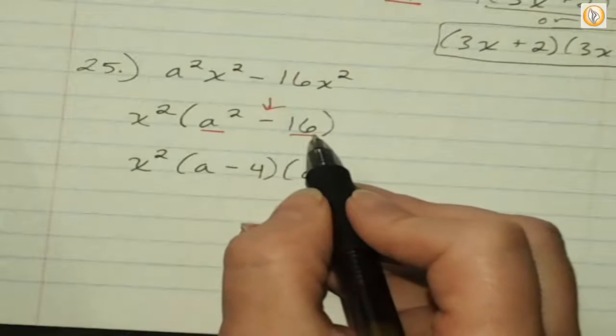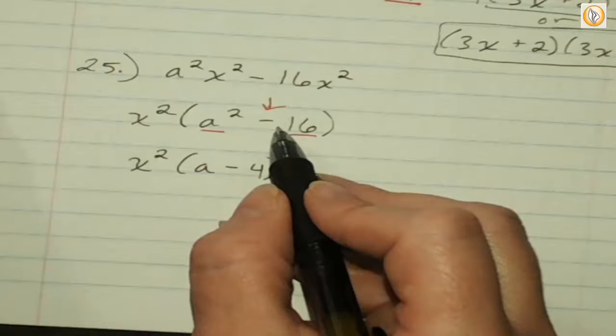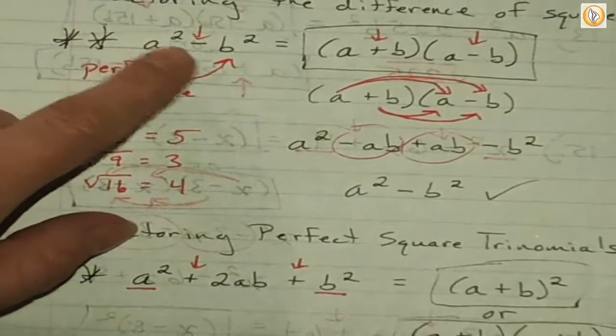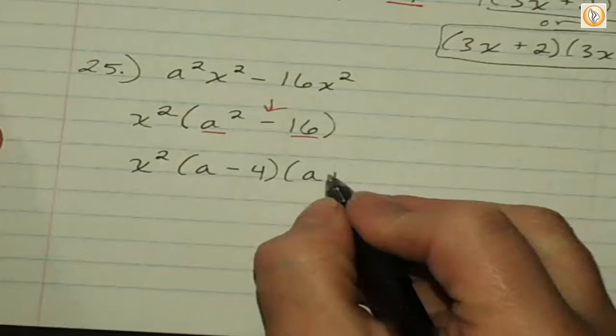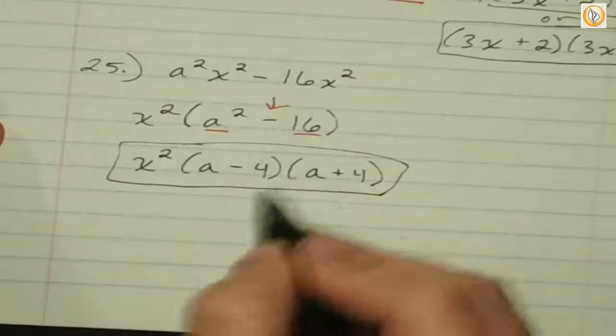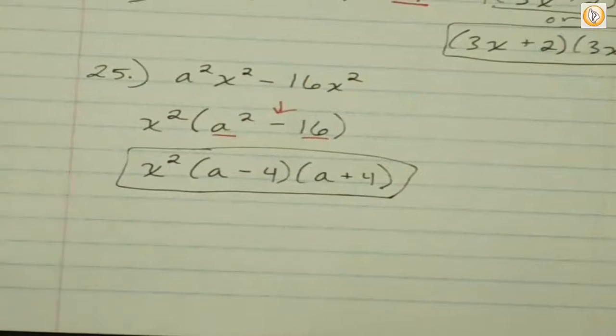If I have a perfect square, a perfect square, and a minus, look right here, the very first thing we did: perfect square minus perfect square. One of them is going to be plus. And again, if you checked it by doing FOIL, you would get the same answer. Any questions?